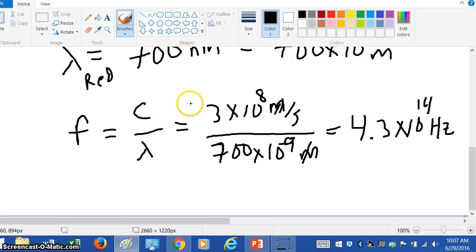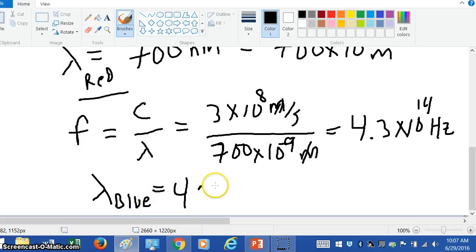Just to let you know, visible light goes from, I know I showed you this before, but I want to do it in wavelength. So that's lambda red up here, and lambda blue, or the deepest blue that the human eye can see, some people call that violet, is 400 nanometers.